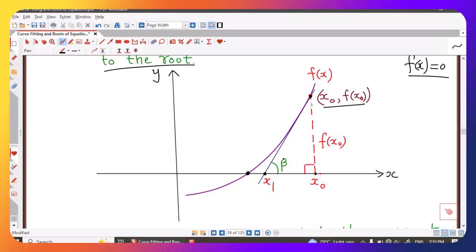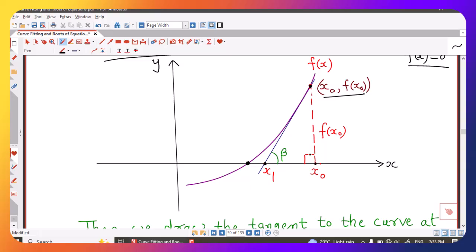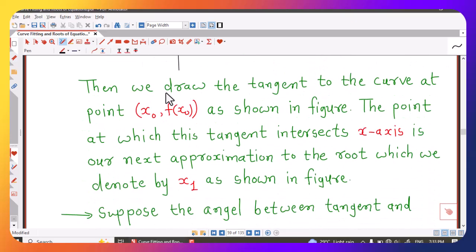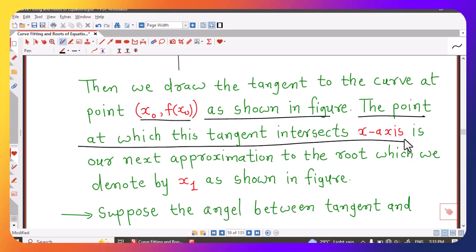To obtain the value of x1, we consider this right angle triangle, and we find that tan of this angle beta is given by f(x0) divided by x0 minus x1. So we have written in this way. Then we draw the tangent to the curve at point (x0, f(x0)) as shown in figure. The point at which this tangent intersects x-axis is our next approximation to the root, which we denote by x1.